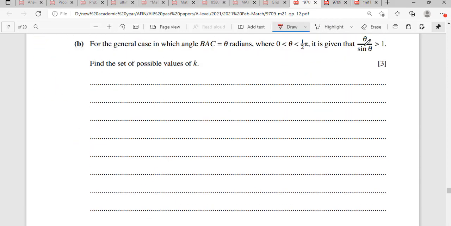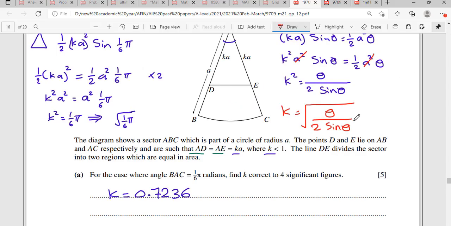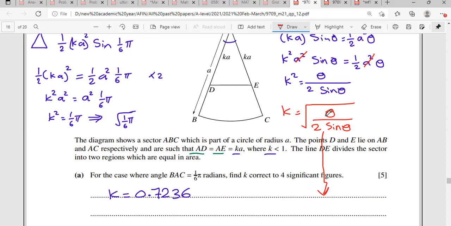And theta over sine theta is greater than 1. Then we know this is greater than 1. So k will be complete here. This is greater than 1. It's given. Then on the side it will be square root of 1 over 2 is less than k, and it's less than 1 because k should be less than 1.